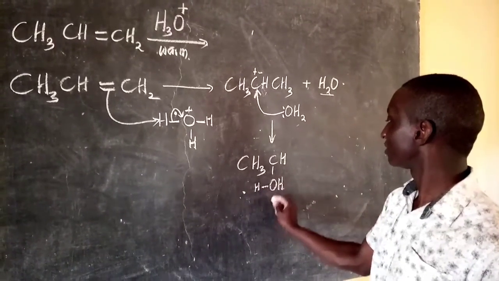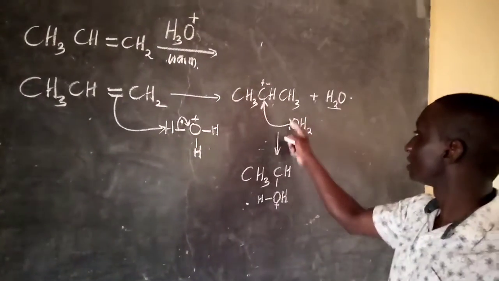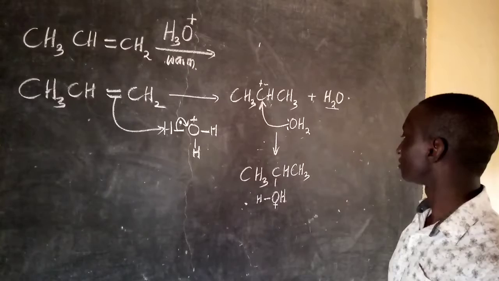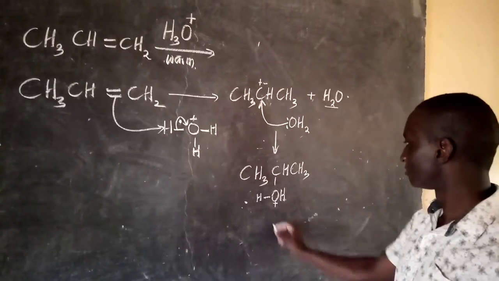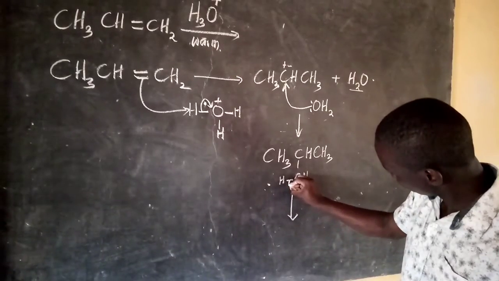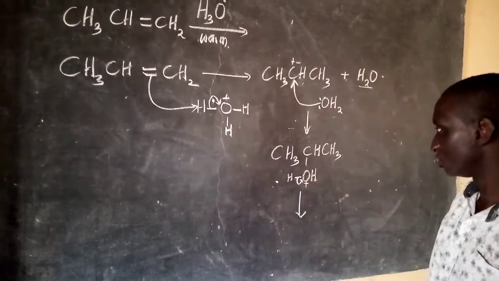Then we have that hydrogen, and this one takes up the positive charge because electrons are being used. Then we have the CH3. The next step that comes last is for us to lose the hydrogen as the electrons in this bond are given to the oxygen.